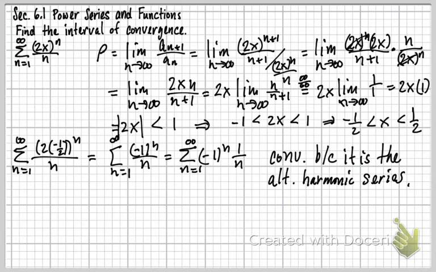So since this converges, that has to be in my interval of convergence. Interval of convergence means it's included. So that negative 1/2 is included.